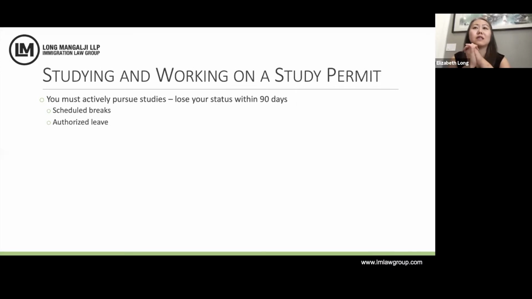The authorized leave can be up to 150 days, but you have to keep in mind that when you are on authorized leave, you are not allowed to work at all, full-time or part-time, during that time.